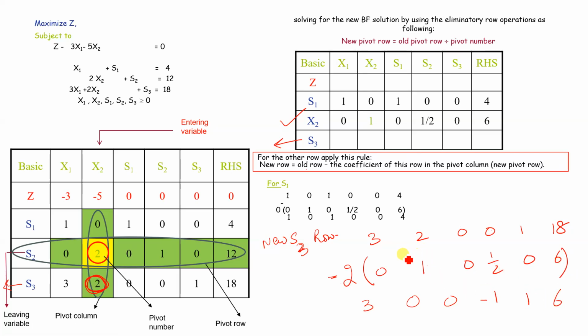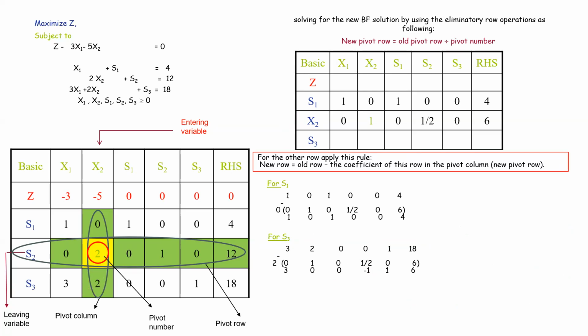I made a mistake here, that is 2 minus... no, that is okay, that is fine. So let's write this: 3, 0, 0, negative 1, 1, 6. Okay, I hope you understand the idea. We are going to do this iteration in detail so that you can understand the process, and that will be repeated again and again until we have an optimal table.